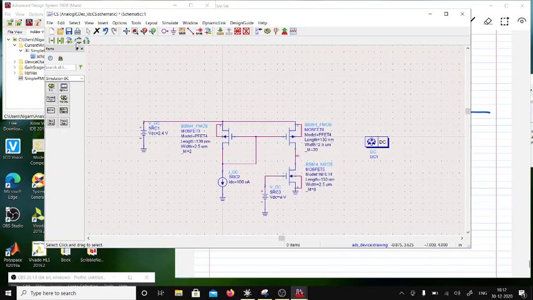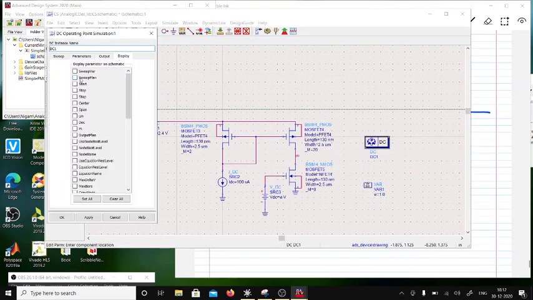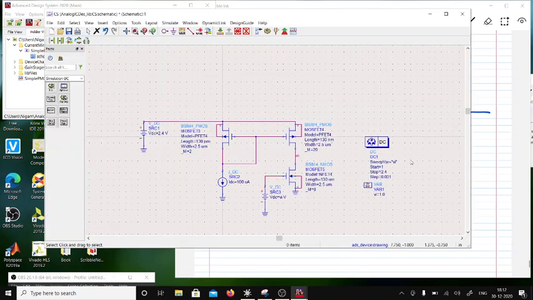Then I have to declare a variable VI. The default value can be anything because I'm going to sweep it, and I'm going to display this at the output. So this is my sweep and I'm plotting the wave.